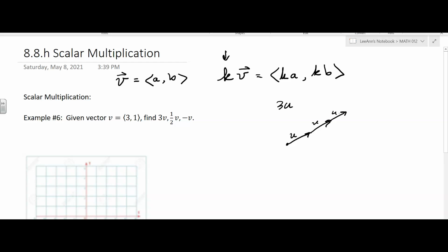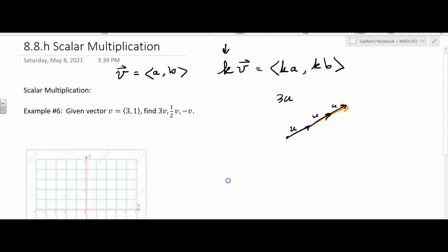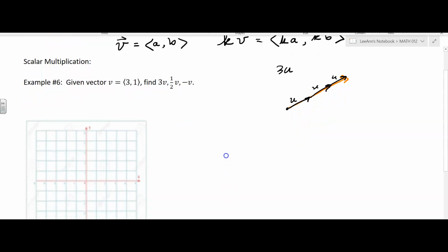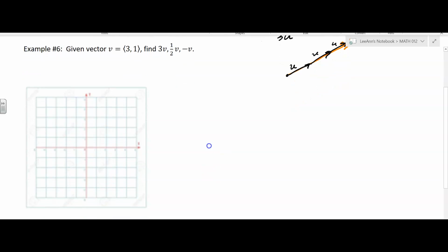It's like you have 3 vector u's all lined up tip to tail. And you get this resultant vector from here all the way up. So it's got to be a really long vector, okay? Because it was 3 of those vectors added tip to tail. Okay, so that's scalar multiplication. We do have vector multiplication. I don't think we're going to get to it this semester, though.